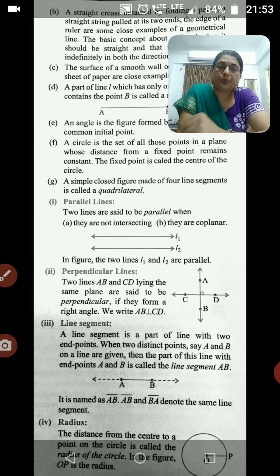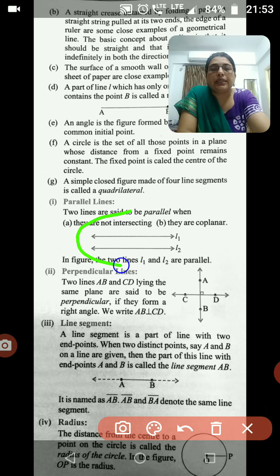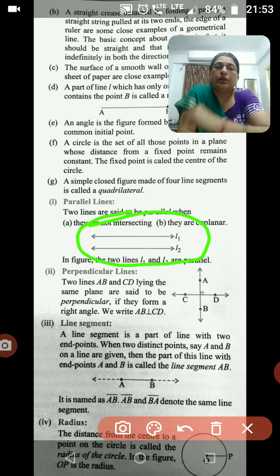With the help of these points, we can define parallel lines as two lines that are coplanar and not intersecting. Here you can see this figure. If the distance between two lines is equal, then we can say that they are parallel lines.